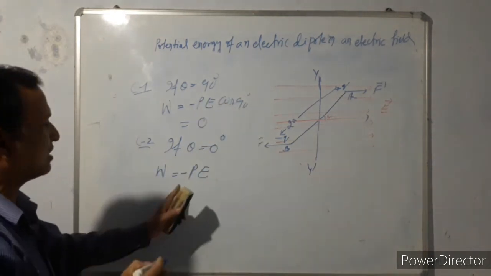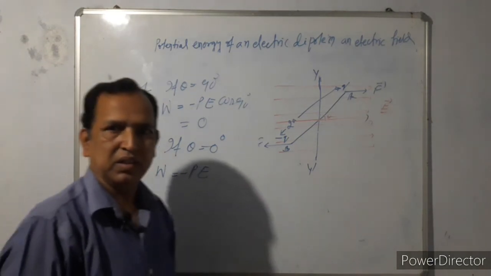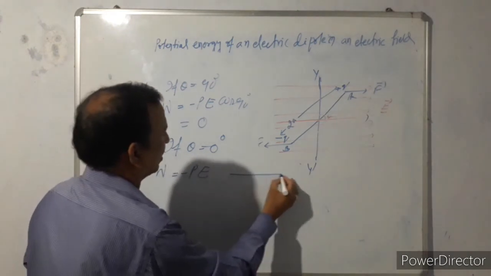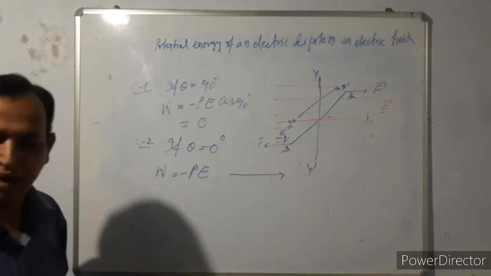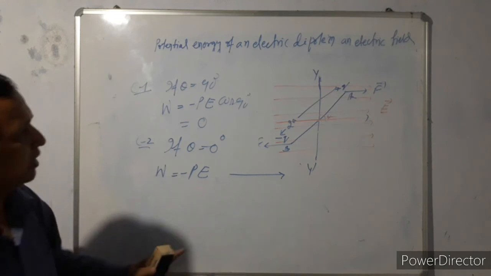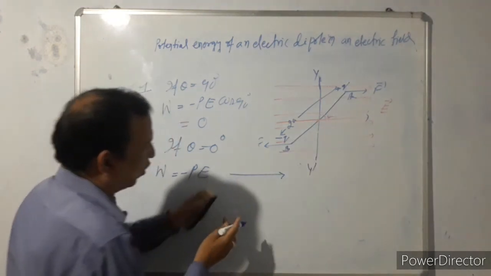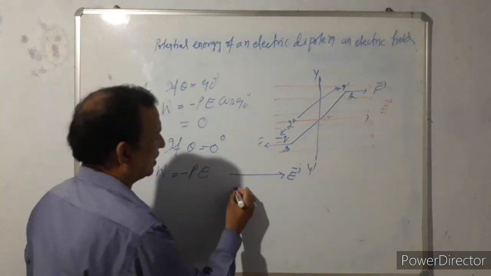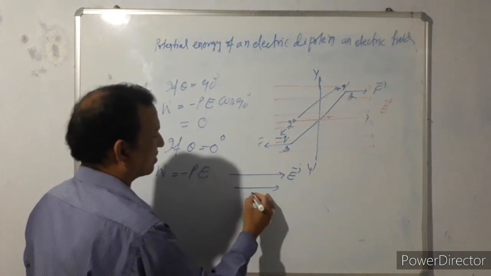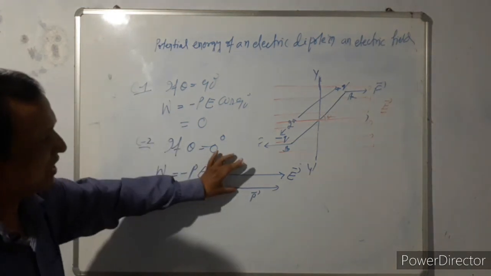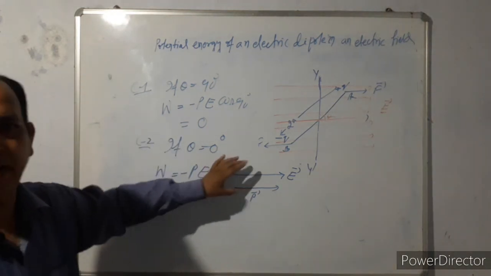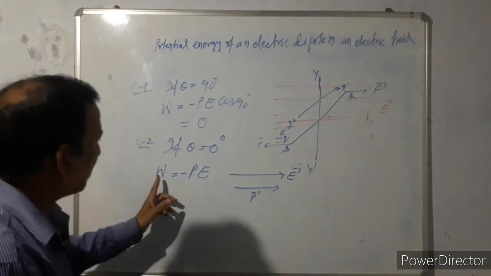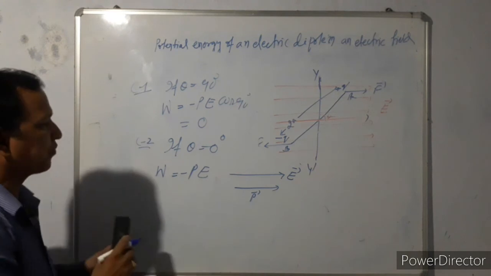Cos 0 is 1, that is minus P E. Clear? This is the field direction in the electric field, lines of force. Dipole is this. So that means lines of force and dipole moment both are parallel to each other. If parallel, then W is equal to minus P E.